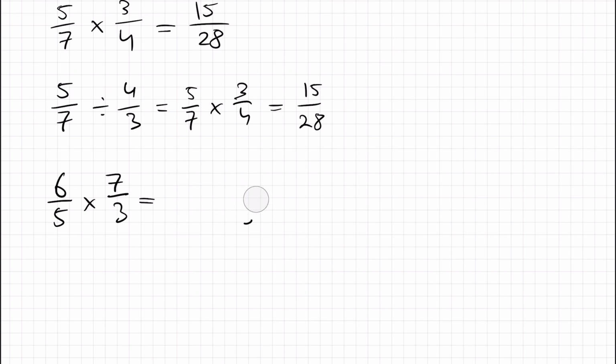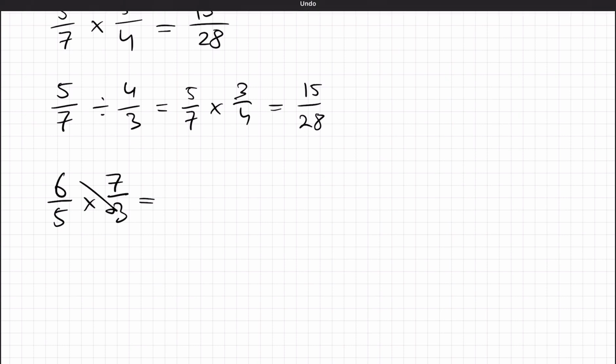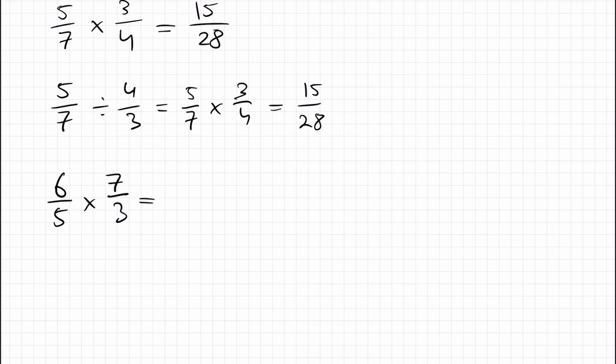So there is an easier way, and that way is basically you can identify the common factors before you even multiply it out. So here you can see both 6 and 3 have a common factor of 3. So we can literally just divide both of those by 3 and just write the numbers next to them, what you get.